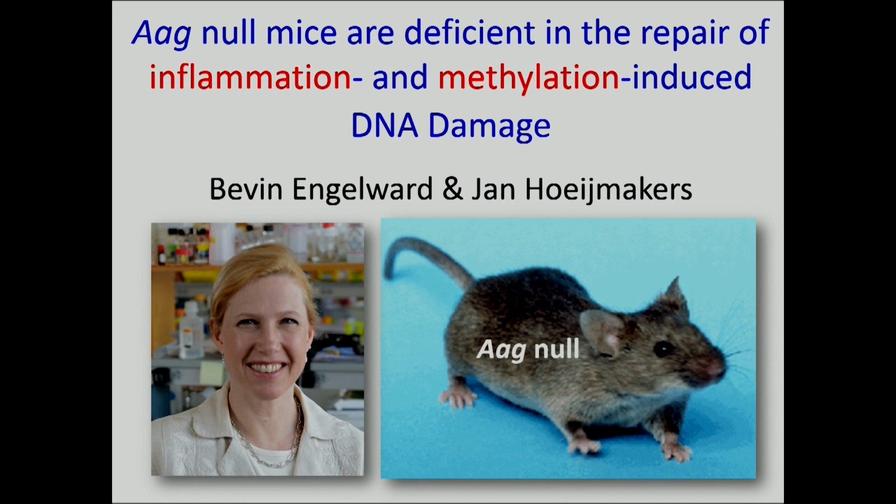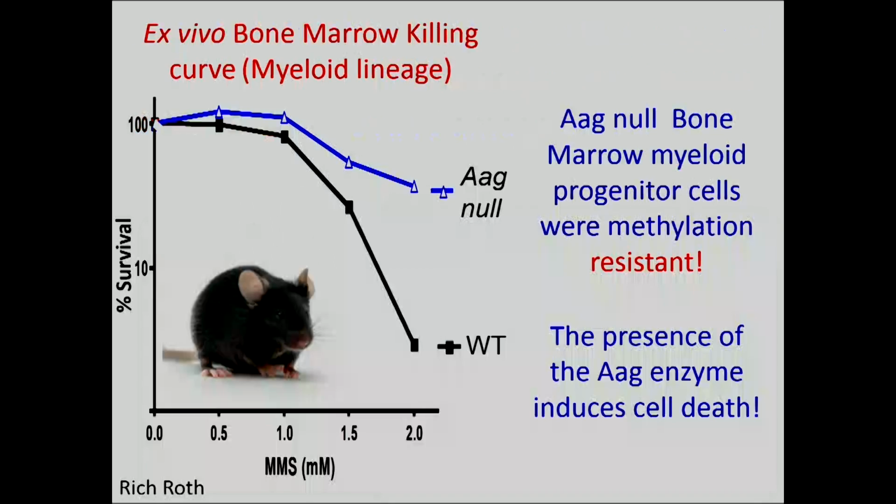And again, we're using this same mouse, but now instead of inducing inflammation, we're inducing methylation. And the first tissue we looked at, because we were very interested in alkylation chemotherapy being particularly hard on bone marrow cells, we wanted to see how bone marrow cells responded to alkylation in the absence of this repair pathway.